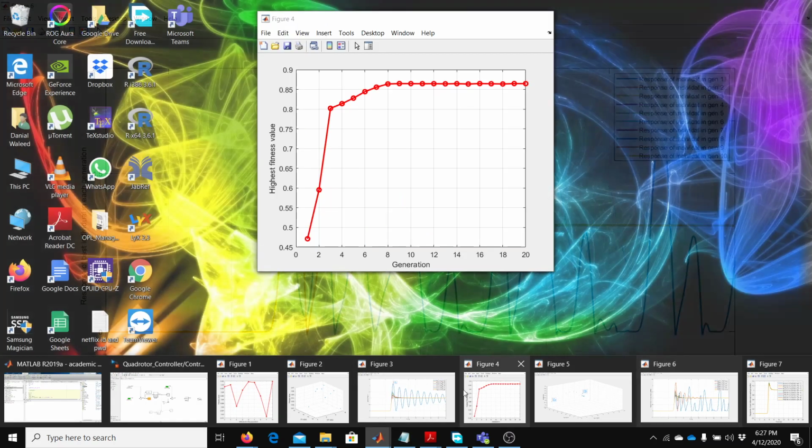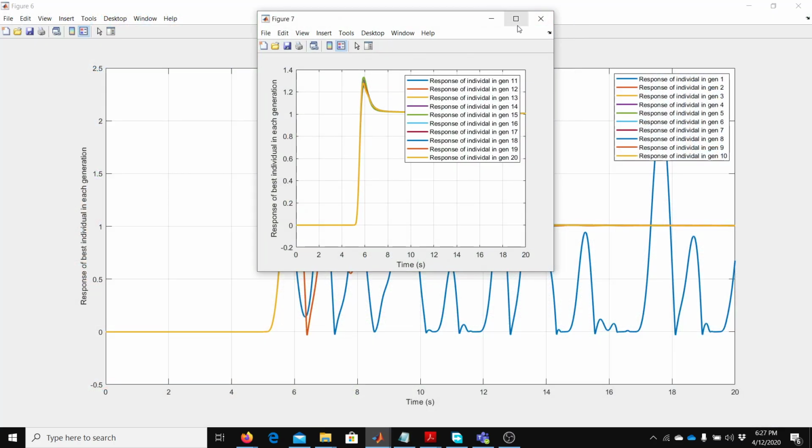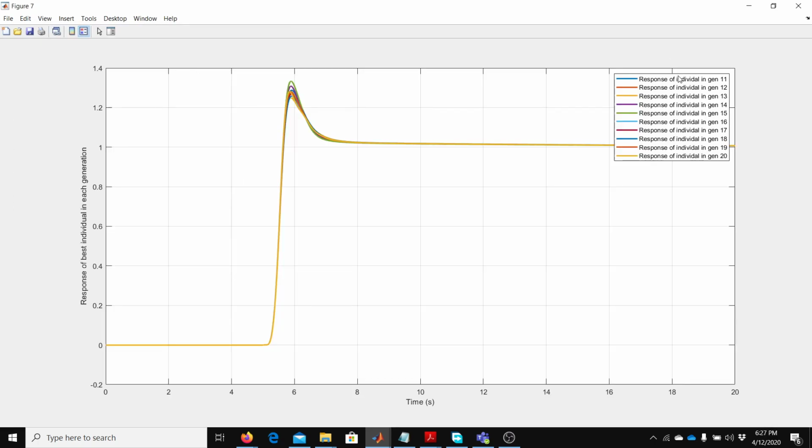If we move on to the other individuals in our system, we can see that from generation 11 onwards, we are performing even better. Our overshoots are decreasing, and we are able to at least reach our desired value. Of course, I feel that if we further focus down or further penalize our overshoot, we might be able to reach an even better system.